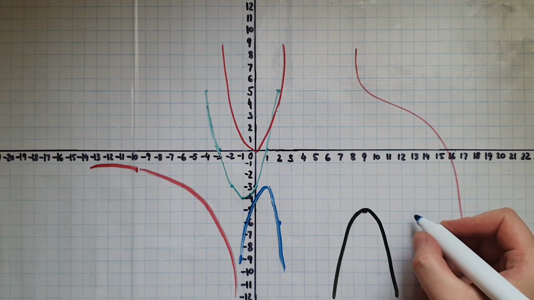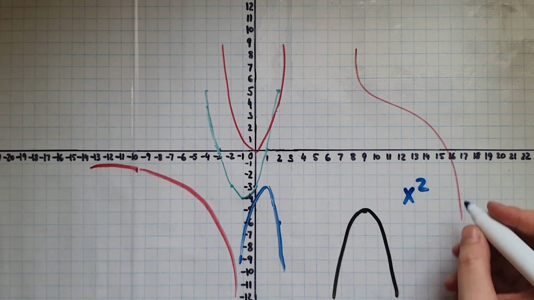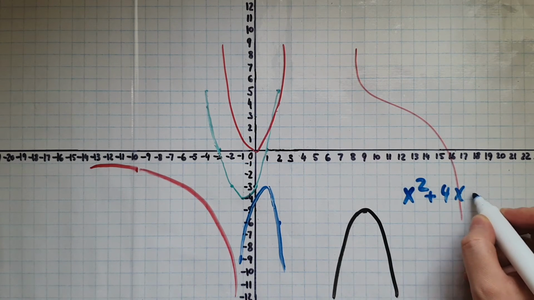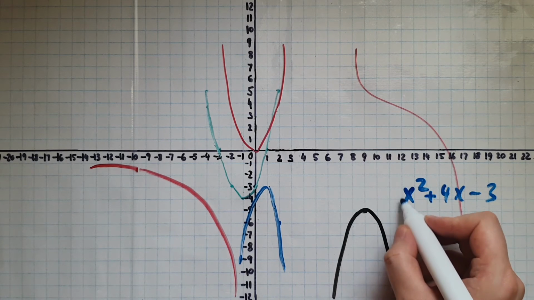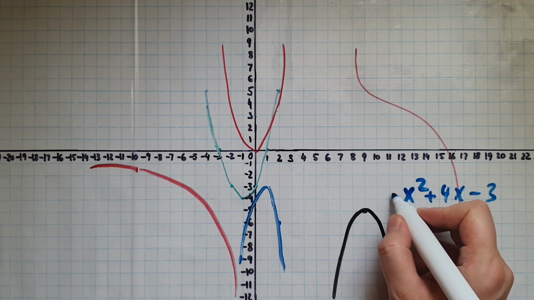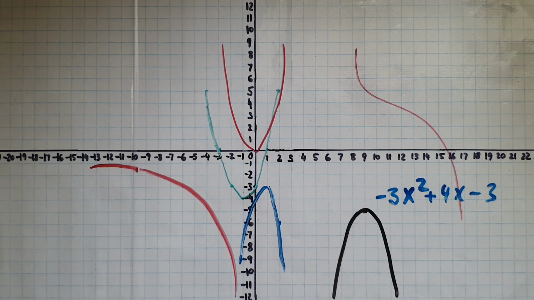Also, quadratic functions always have x squared in them. They could have a coefficient in front of it, and they could be negative as well. So this could be 3x squared or negative 3x squared.